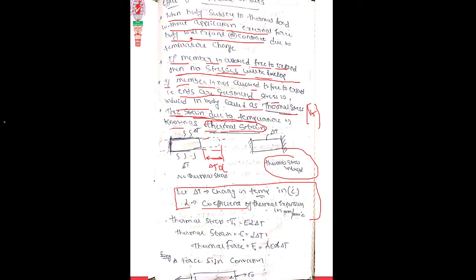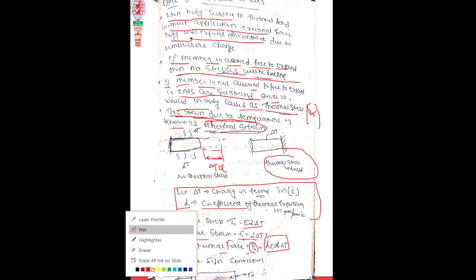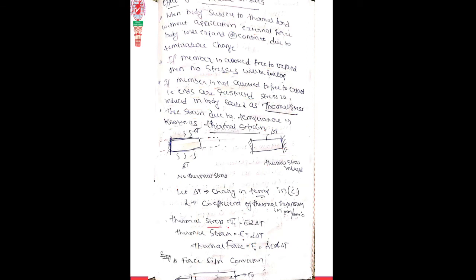Therefore, thermal stress can be calculated as E into alpha into delta T. Thermal strain is epsilon equal to alpha into delta T. And thermal force, F naught, is A into E into alpha into delta T. These three formulas you have to add to your formula list: thermal stress, strain, and thermal force.